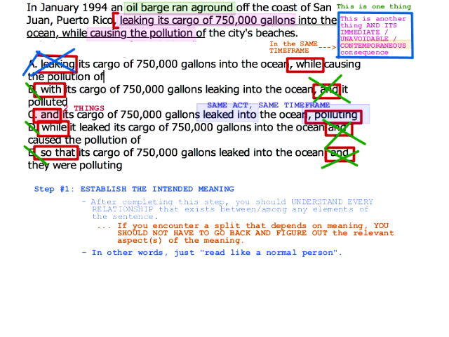There are other issues with these things that are not the focus of today. But while, for instance, in this kind of context means actually during some other thing. So it didn't leak this stuff while polluting. So this is also bad. And it definitely didn't run aground while it was in the middle of leaking cargo. Also doesn't make sense.